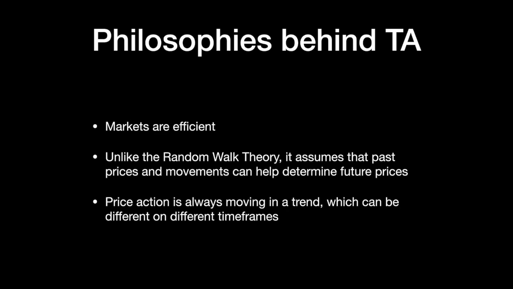So you can determine patterns in the past, apply them in the present, make money in the future, just like the first quote. The third one is that price action is always moving in a trend, and that trend can be different on different time frames. We could be on an uptrend on the weekly, but in a retracement, sort of a downtrend, on the daily.